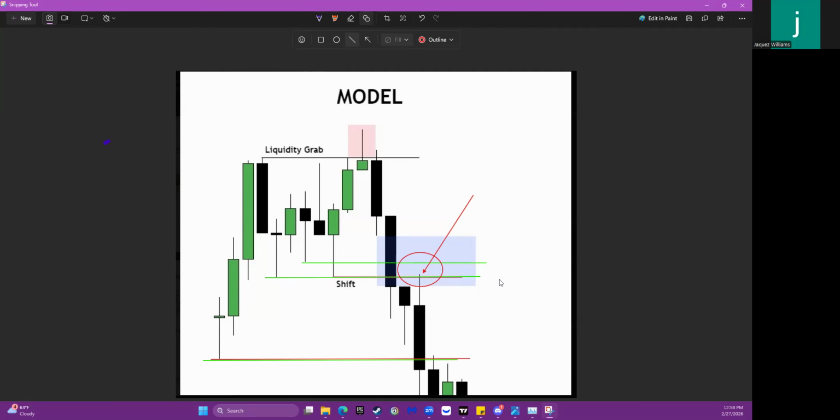What lets me know it's actually a liquidity sweep is a market structure shift, and that market structure shift confirms that the trend has changed. Once we can confirm the trend has changed, we know it's time to enter this trade and take it to the place we're trying to take it to.